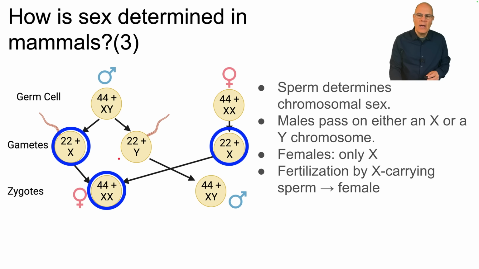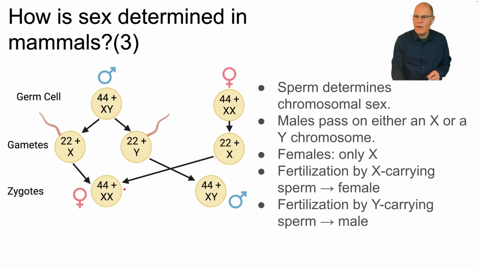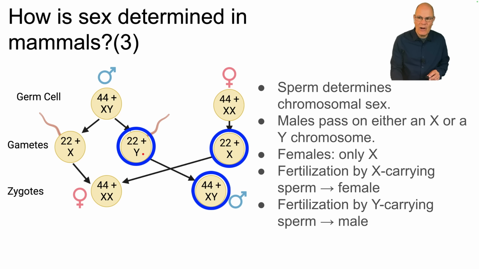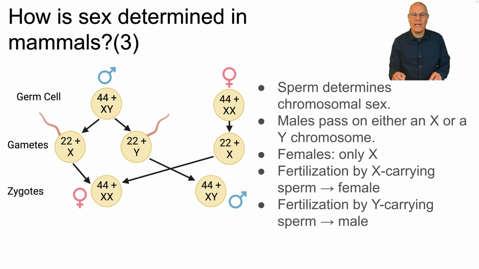If the egg is fertilized by an X-carrying sperm, then the zygote will have two X chromosomes and it'll develop into a female. If the sperm that's carrying the Y chromosome does the fertilization, then the resulting zygote will be XY and it'll develop into a male. That's chromosomal sex determination in all of the mammals.